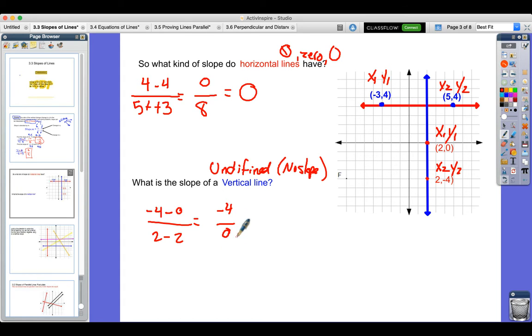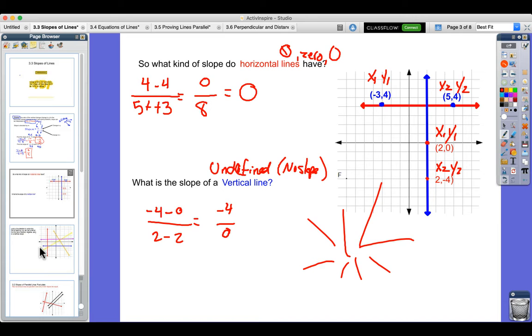And here's the thing: you cannot divide by 0. -4 divided by 0 is what we call undefined. Undefined or no slope, those are two things you'll see. You can never divide by 0, or the world will explode. Not true, but if you try it in your calculator, it'll tell you error or no solution.